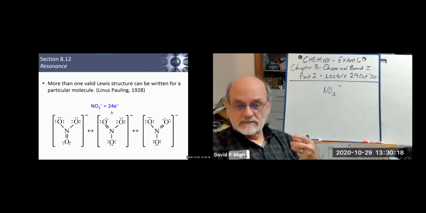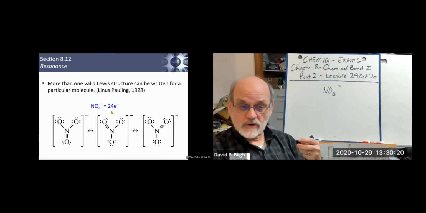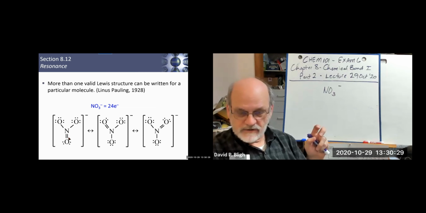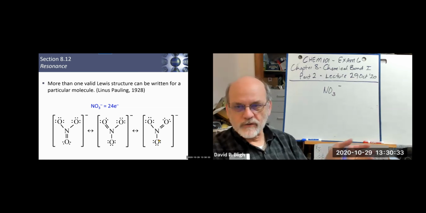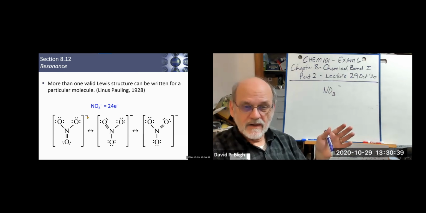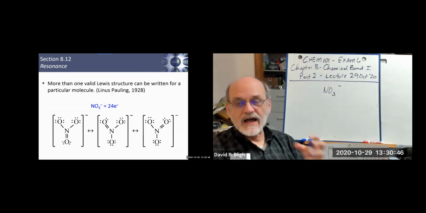And then we build our Lewis dot structure. All of these oxygens are equivalent. So this one is a valid structure, that one's a valid structure, that one's a valid structure. They're all three valid. And we put the negative charge outside the bracket because that negative charge is assigned to the entire ion.